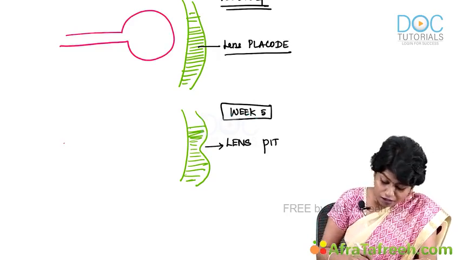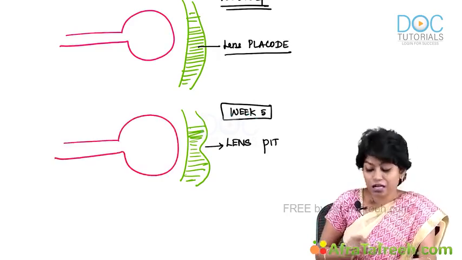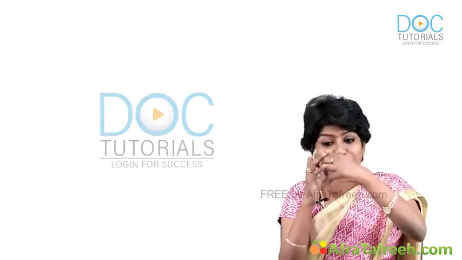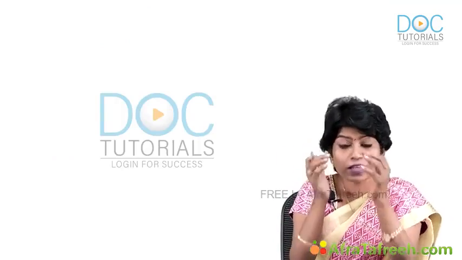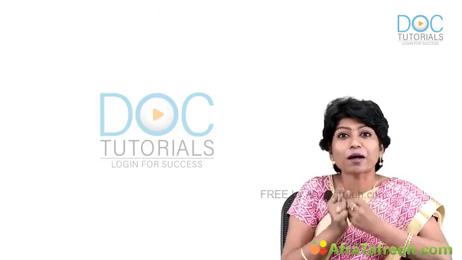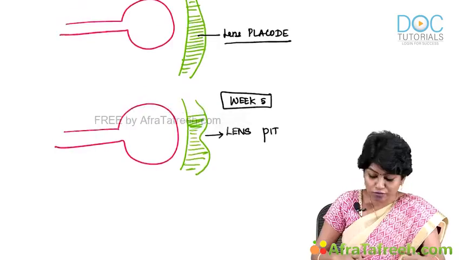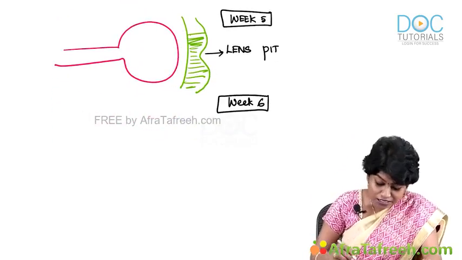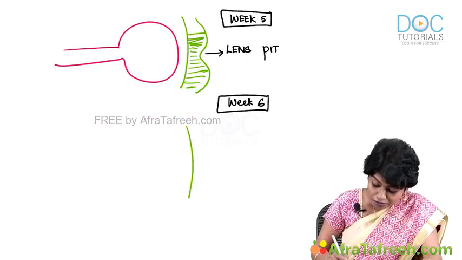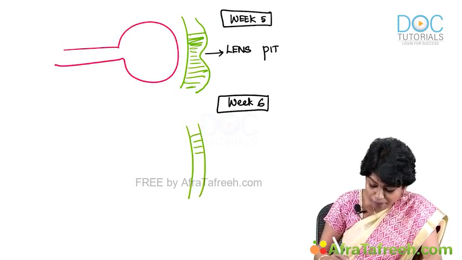So now what happens? This lens pit is going to sink in. So the cells that have divided and accumulated there are going to separate themselves from the surface ectoderm. So week 6, what happens? So this is your surface ectoderm.